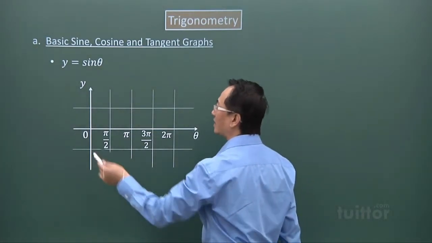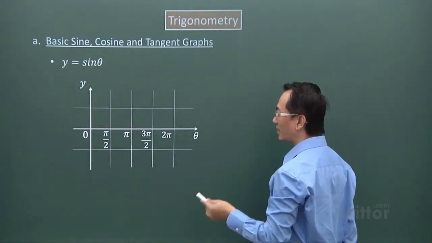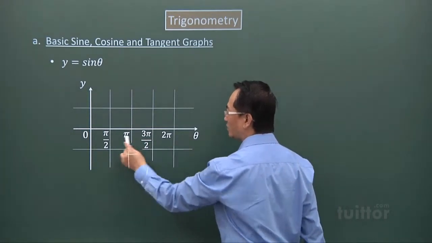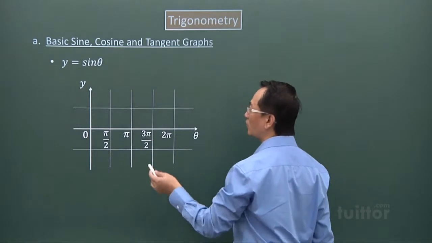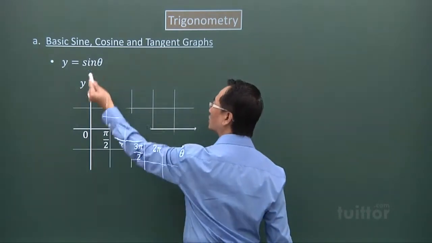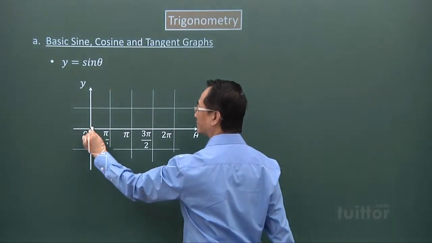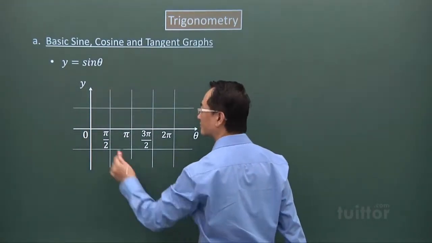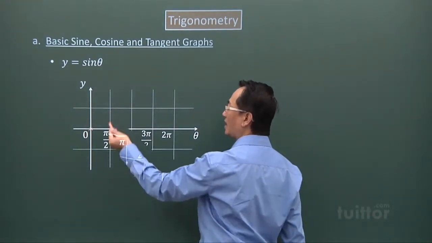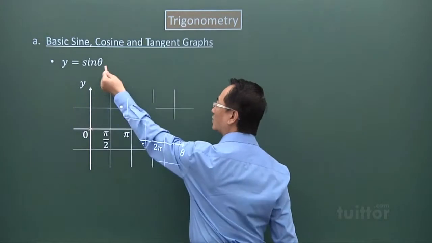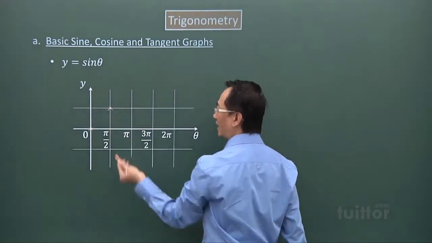If you look at this particular graph, y equals sine theta, all these theta values are in radians. So if you put in a 0 into sine theta, you get a 0. If you put in pi on 2 into sine theta, you get 1.